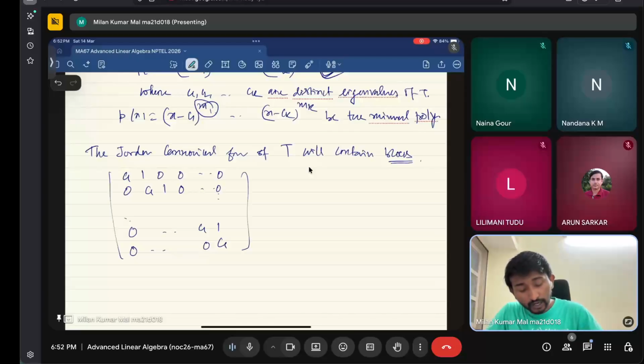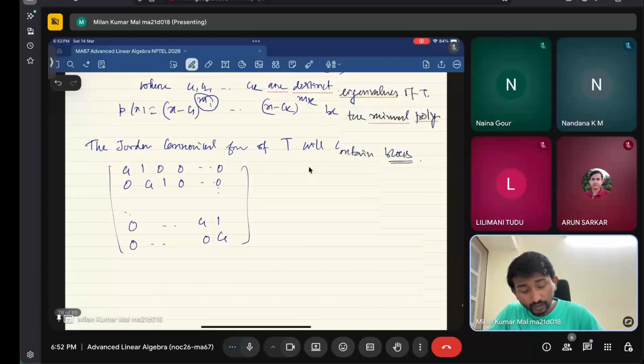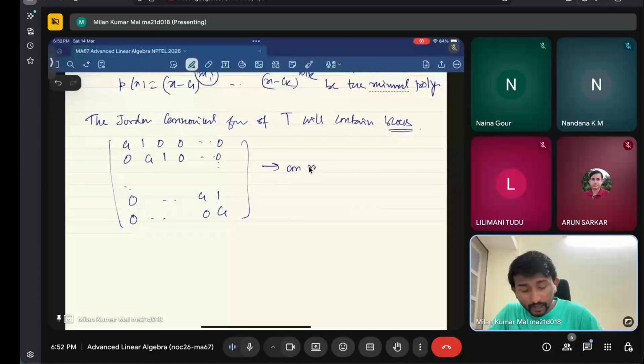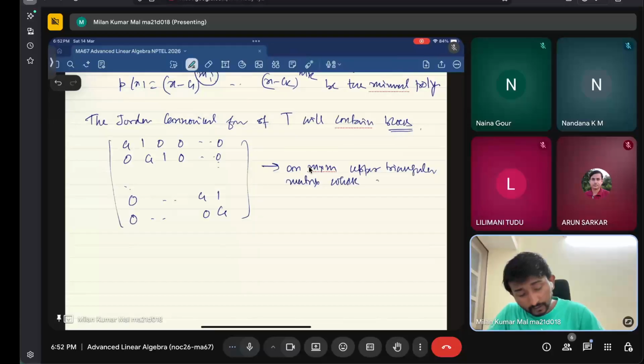What I am trying to say is that it is an m1 by m1 upper triangular matrix whose diagonal contains c1, m1 times.